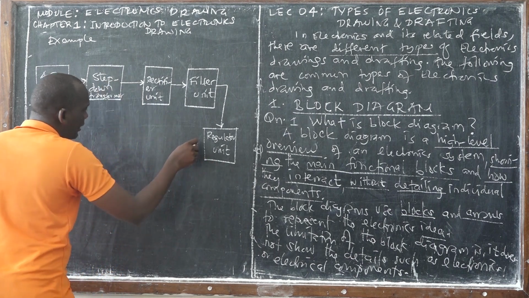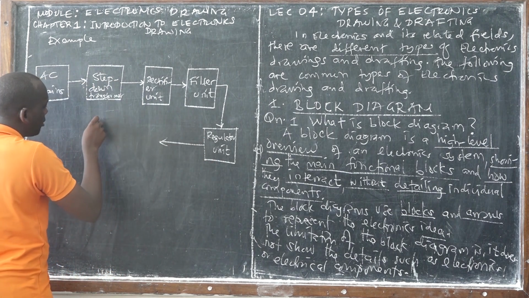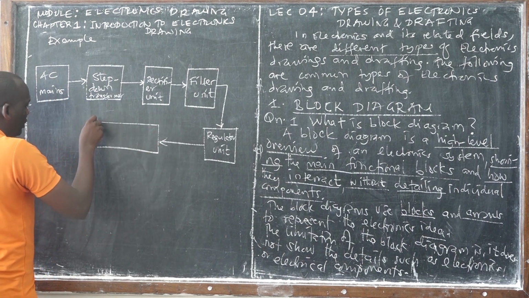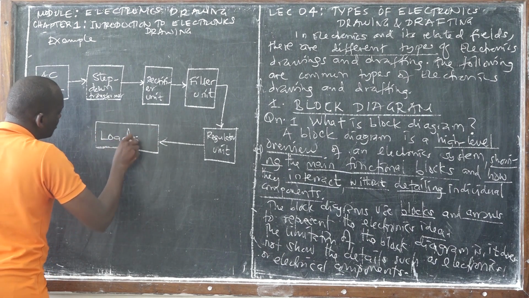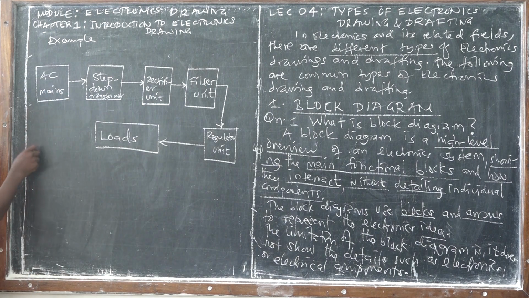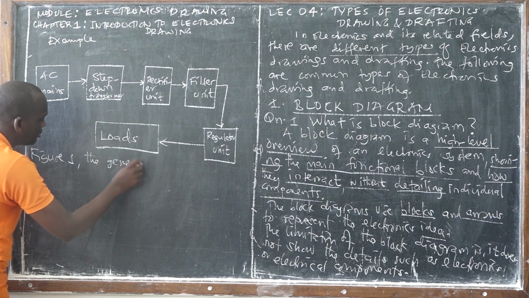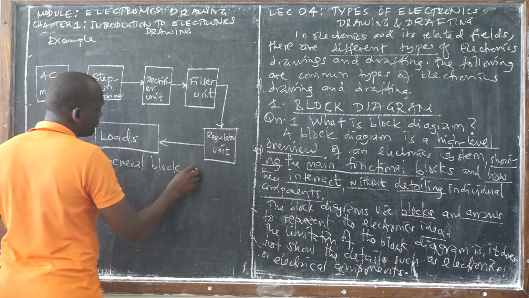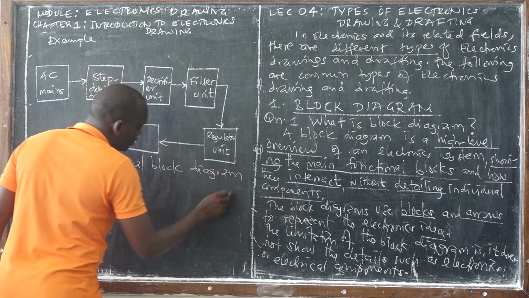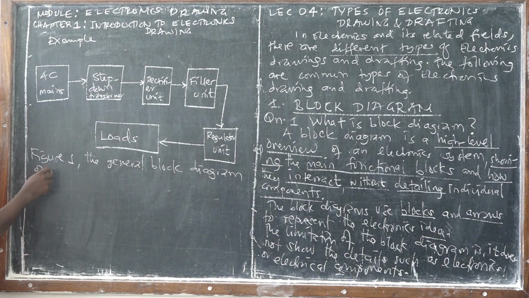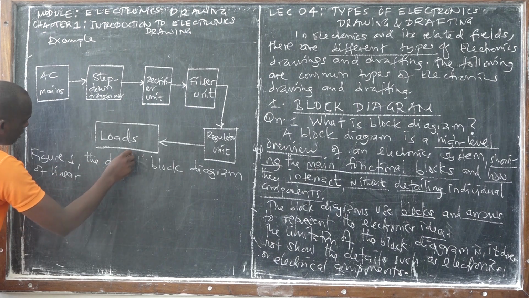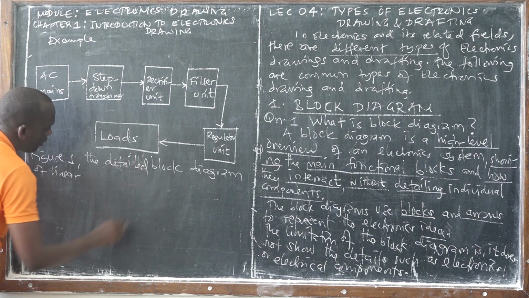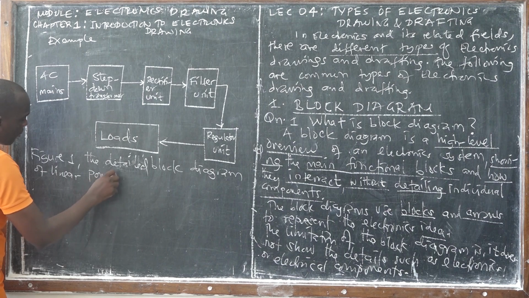And then we can have another block, and this block we call the load. So this is, for this lecture, figure 1: the general, detailed block diagram of a linear power supply.